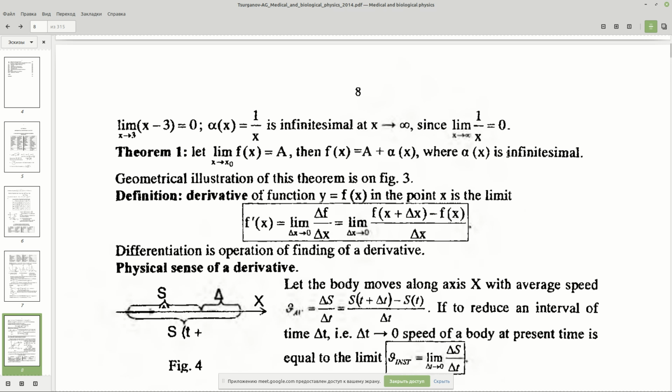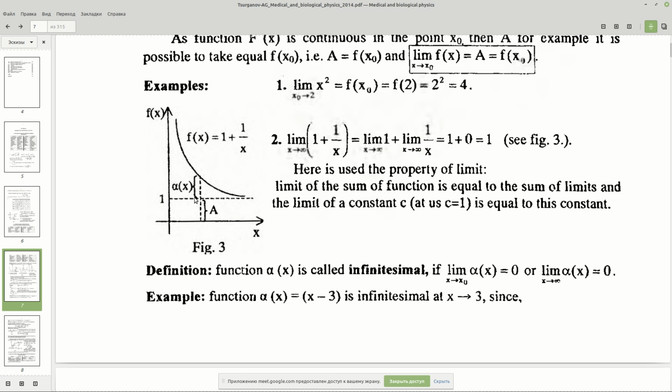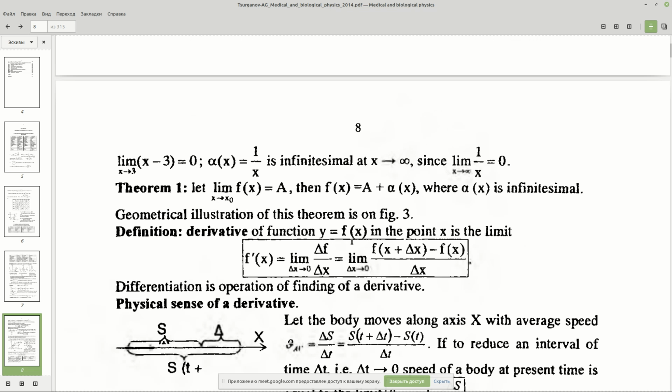We have some alpha of x and some a, an interval on the line around a, where the function f of x depends on x while alpha of x is infinitesimal.